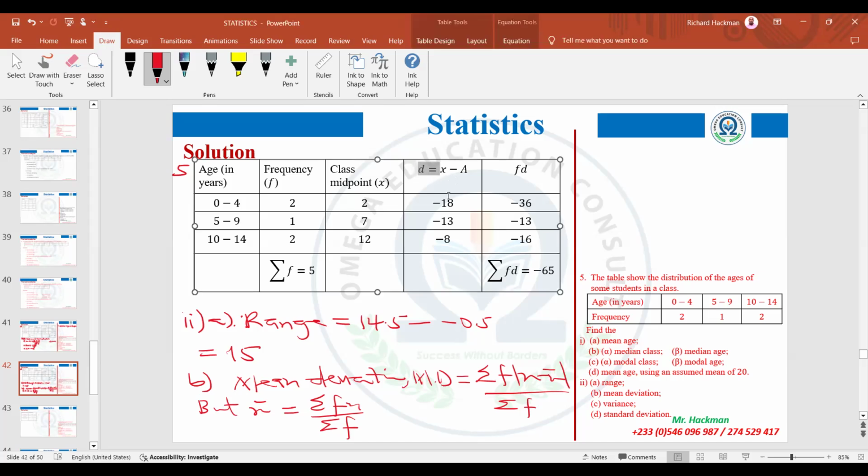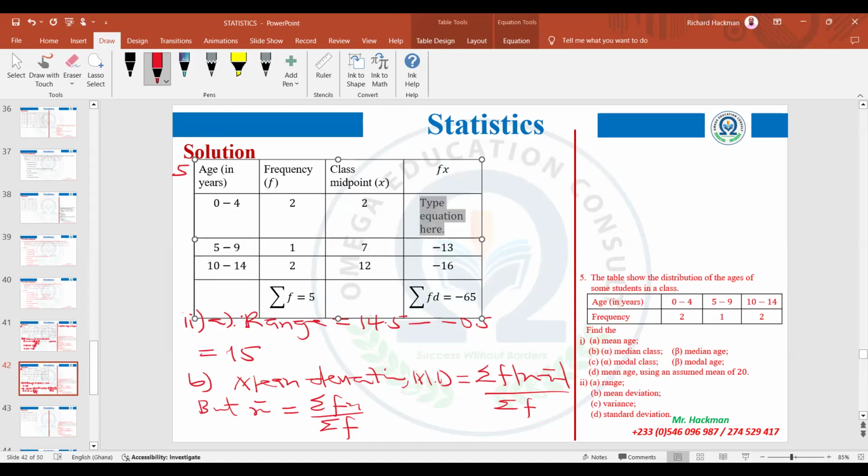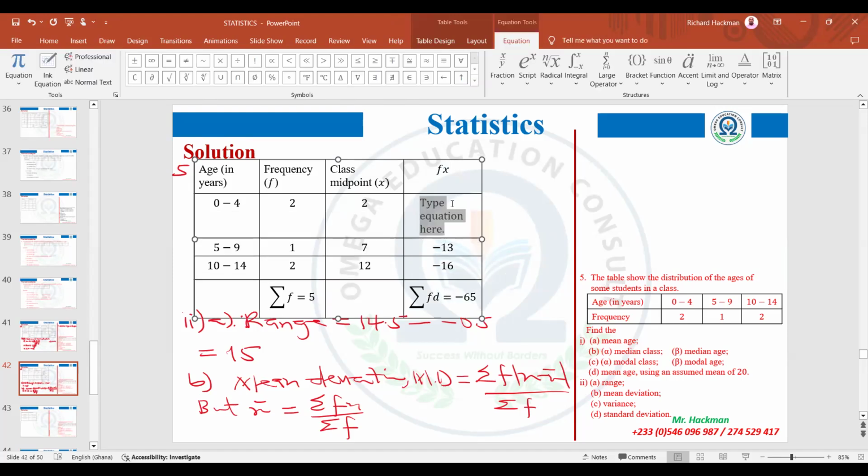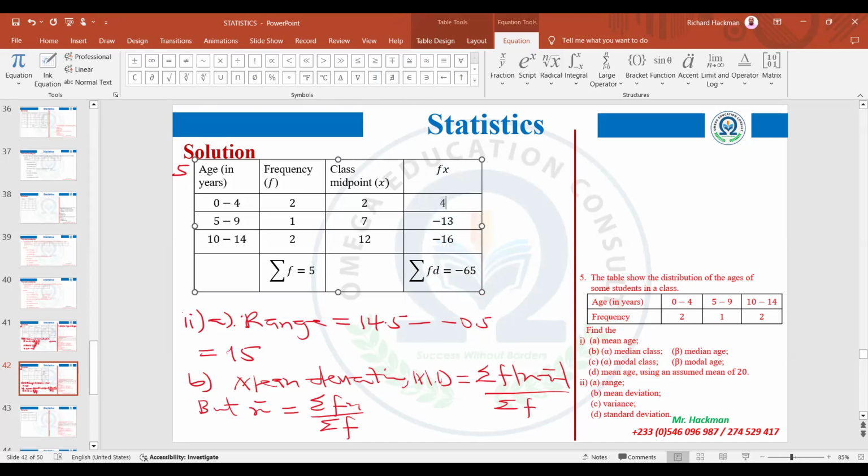So I need to create a column for Fx. I don't need this column, so I'm going to clear it. I will need this column to be Fx, not Fd. I know my F, I know my X, so help me complete this table. The first one becomes this times this, which will give us 4. Am I right?